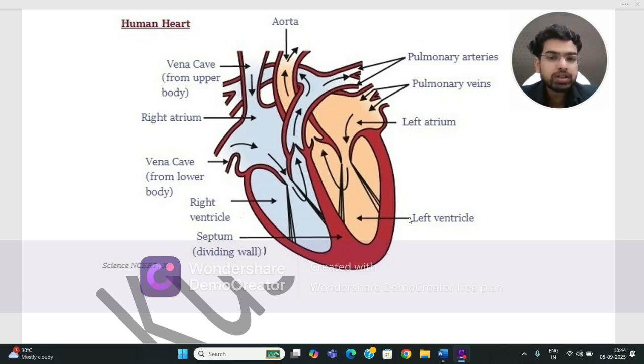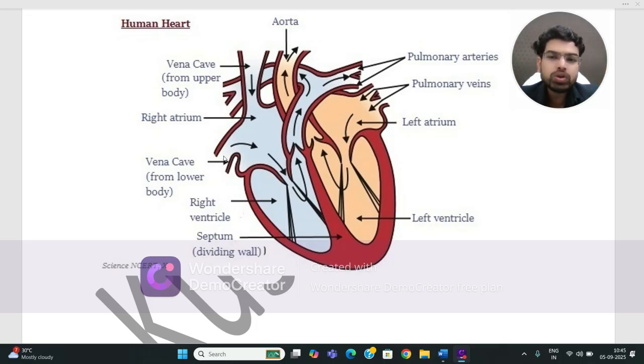So whatever blood is flowing in our body, that blood has to be pumped properly by your heart. There are two types of blood vessels which have the function of rotating the blood in your body. One is called arteries and the other is called veins.